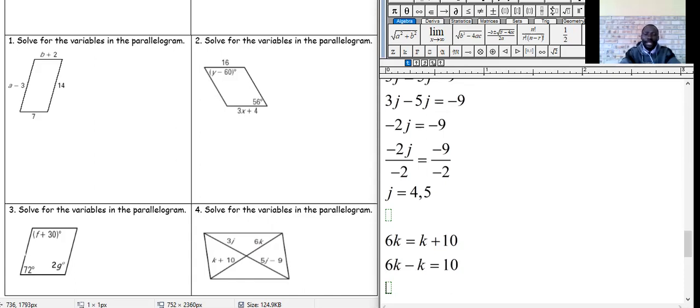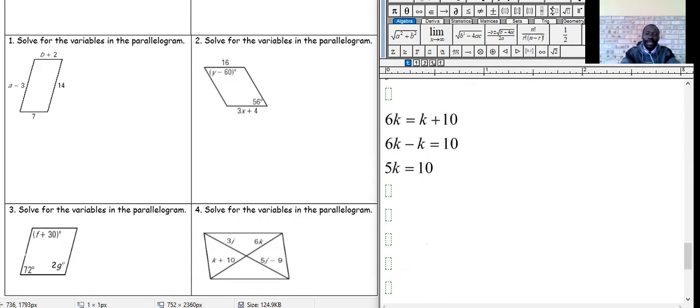And so we can write 6 minus 1 is 5. So 5k equals 10. In the next step, we divide 5k by 5. 5k divided by 5 equals 10 also divided by 5.